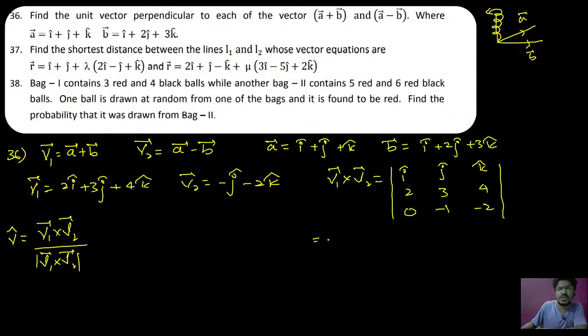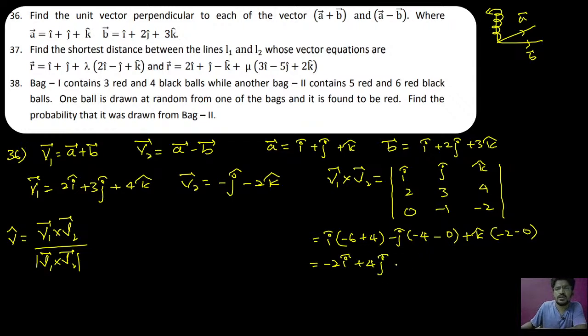So now this will be equal to i cap into 3 into minus 2 is minus 6, minus 4 into minus is plus 4, minus j cap into 2 into minus 2 is minus 4, minus 0 into 4 is 0, plus k cap into 2 into minus 1 is minus 2, 0 into 3 is 0. So that will be minus 2i cap plus 4j cap minus 2k cap.